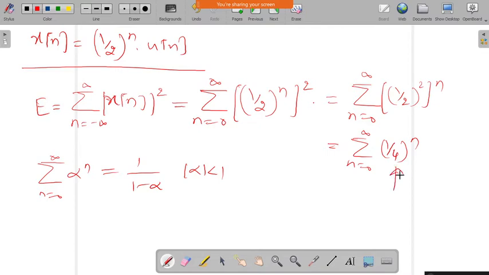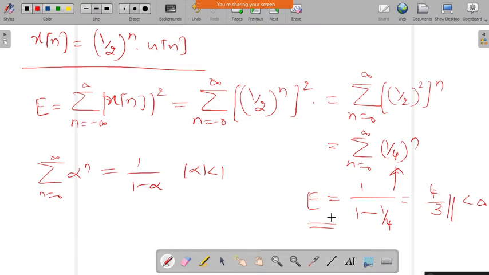In our problem alpha is 1 by 4, which is less than 1. So we can write this summation as 1 over 1 minus alpha, alpha is 1 by 4, which is equal to 4 by 3. So this gives finite energy, which is less than infinity, so that's why it is an energy signal.